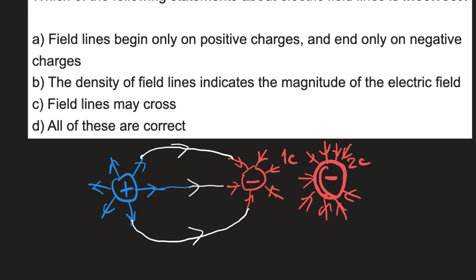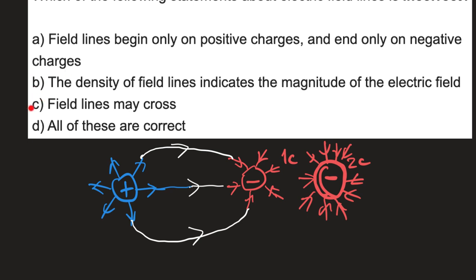So this is true. Anytime you have a bigger charge, that's going to cause a bigger electric field, and you can denote that in your picture with a higher density of field lines. So more field lines here, more density than here, because there's a bigger electric field around this bigger charge. So again, that is not incorrect.